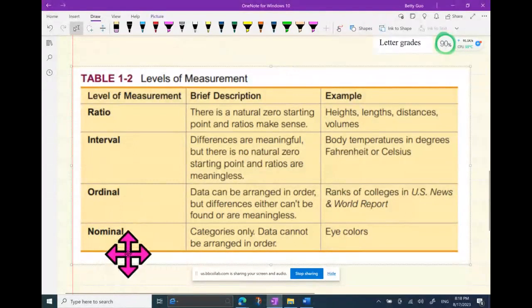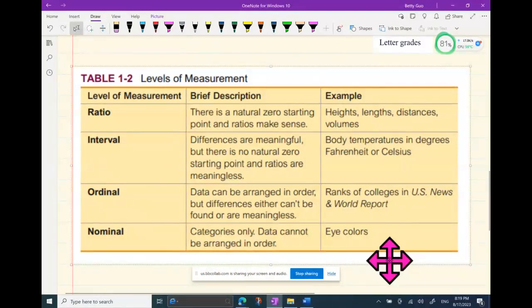And let's move to nominal. Nominal is pretty easier compared with others to decide. Nominal level of measurement refers to data that are categorical. They only represent the categories, and they cannot be arranged in order. For example, eye colors.